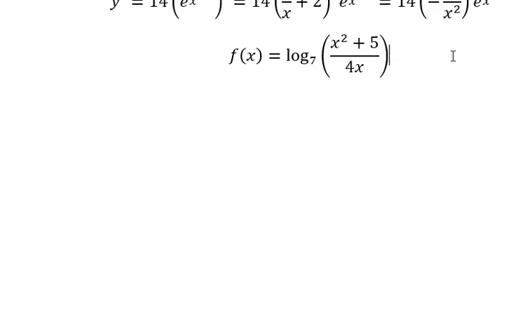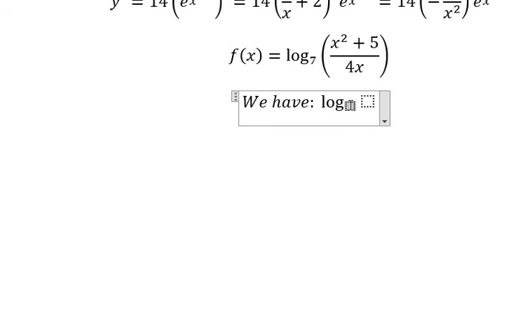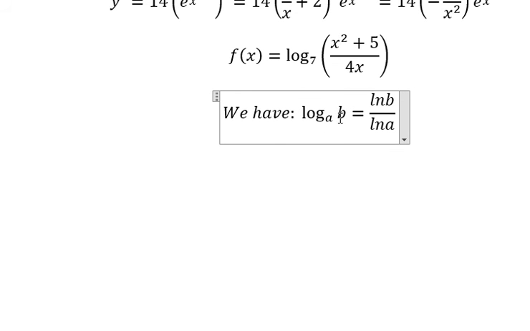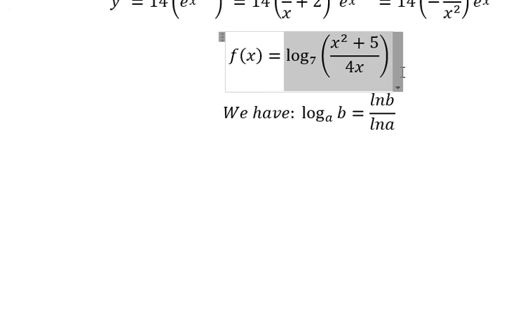Question number 2. We apply the formula in here. We have log base a of b. We can change into ln b over ln a. So we apply this formula in here.